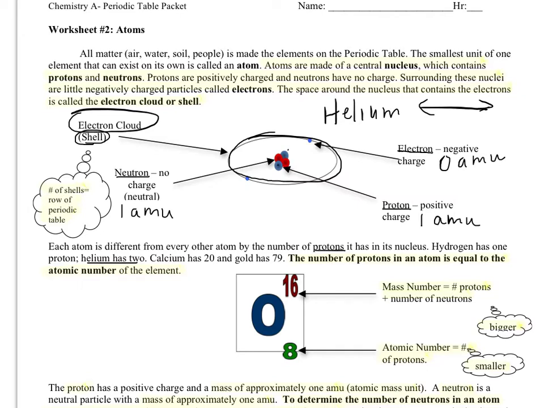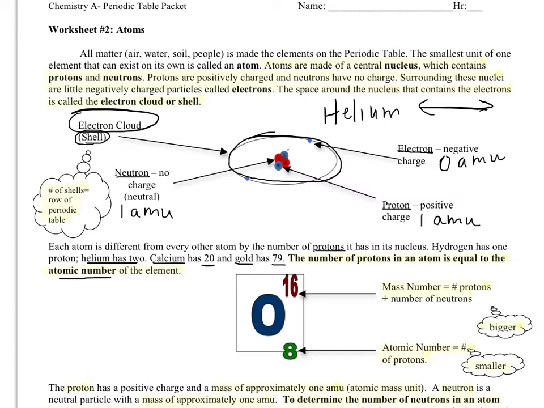If I saw 20 protons, I would know this is calcium, or 79 protons, I would know this is gold. So the number of protons in an atom is a really important identifying piece of the atom, and we call it the atom's or the element's atomic number. And that's one of the 2 numbers that we find listed for each element on the periodic table.